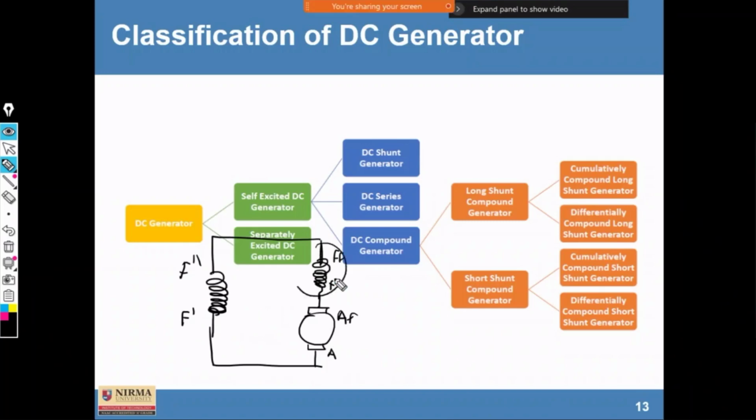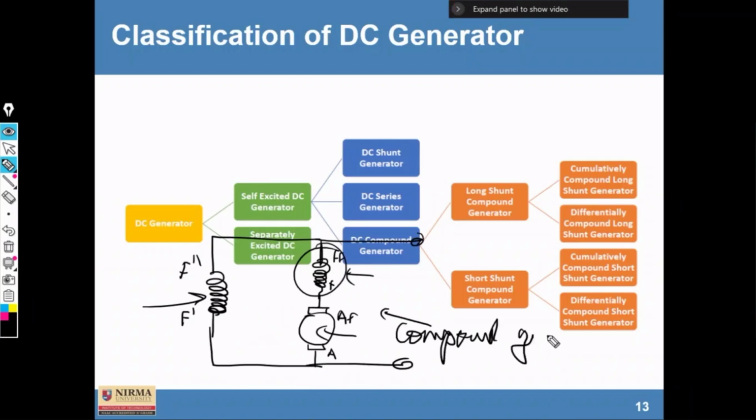So this is a field winding connected in series with the armature winding, and again both these windings are connected in shunt with another winding. Such an arrangement is known as a compound generator. Getting my point? Any question?